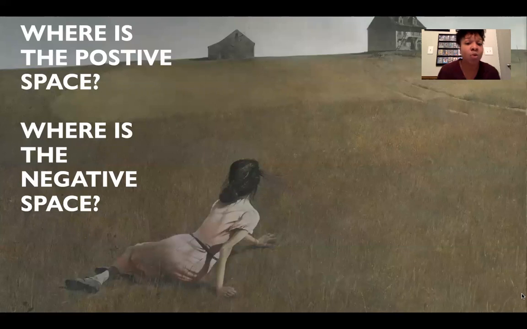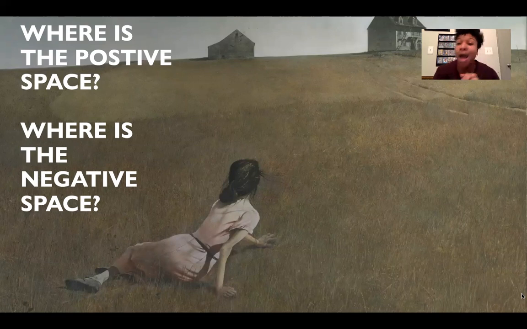Okay, again, I want you to take a look at this painting. Where is positive space being used? I'm going to give you 10 seconds. 10, 9, 8, 7, 6, 5, 4, 3, 2, 1.